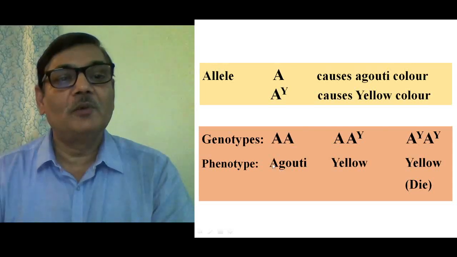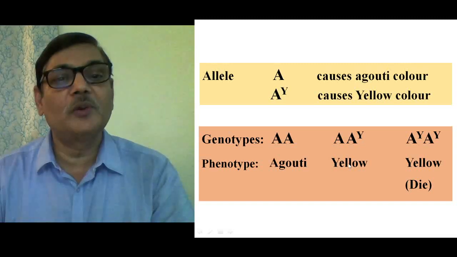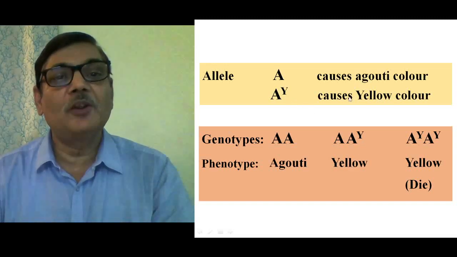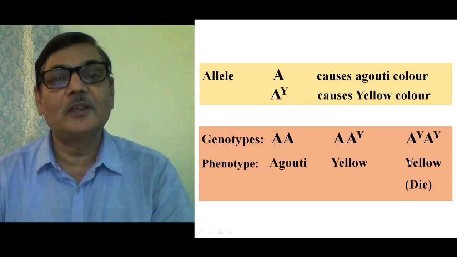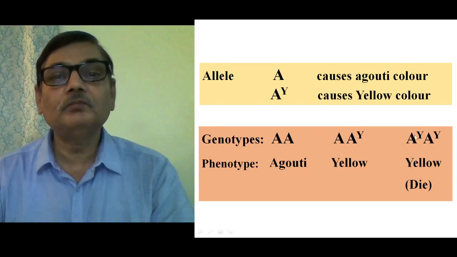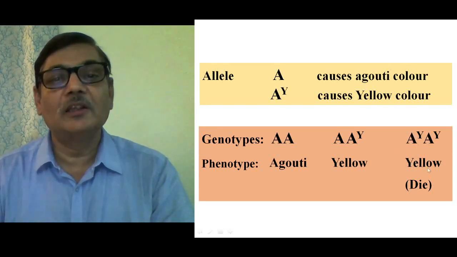AA types will be agouti, AA^Y heterozygotes will be yellow in color, and A^YA^Y would also be expected to be yellow in color. But exactly what happens is that these homozygous A^YA^Y types actually die; they don't survive. So we can say that the A^Y allele in homozygous condition causes death of the mice. So we find this particular genotype to be lethal.